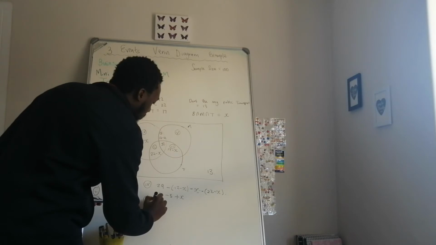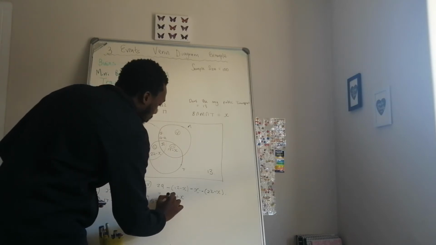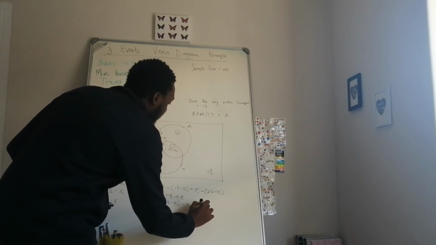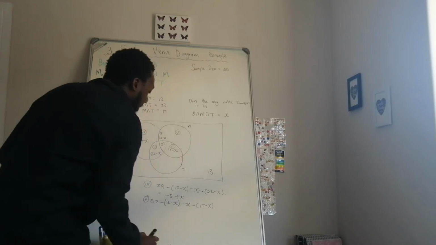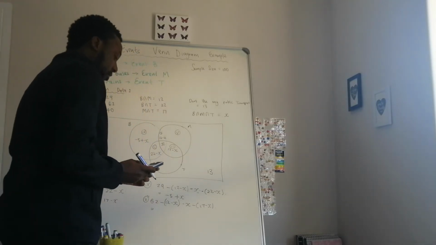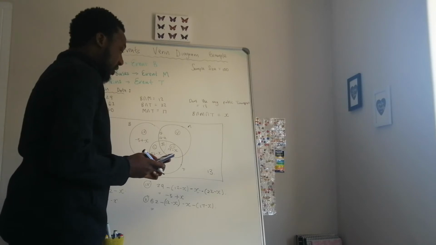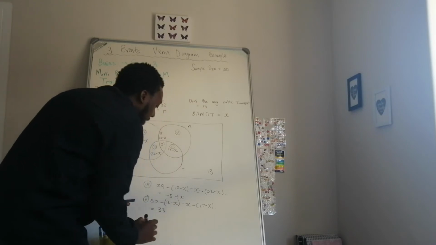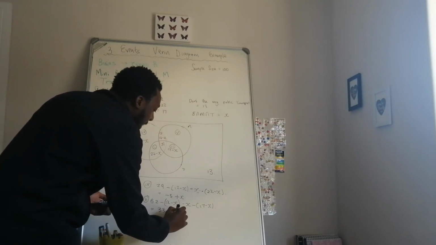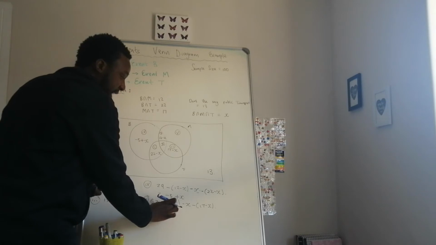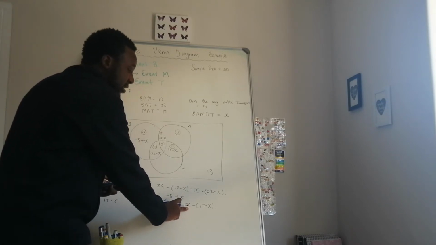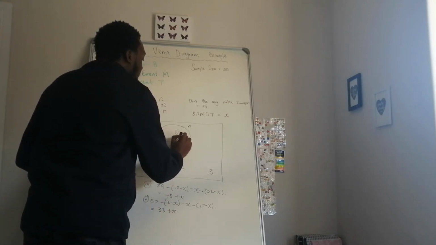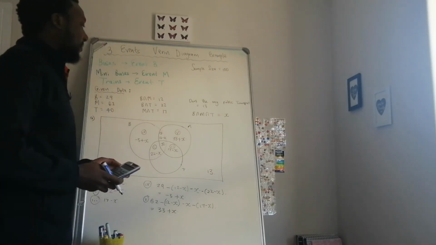So I'll say 62 minus 12 minus X minus 17 minus X. What does that give us? 62 subtracted by 12 subtracted by 17 gives us 33 plus X, because that gives us a positive X. Subtracted by that X, it cancels. That and that gives us a positive X. So this area right here is 33 plus X.